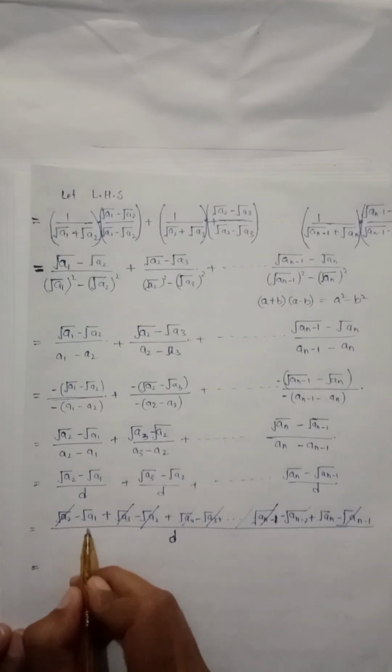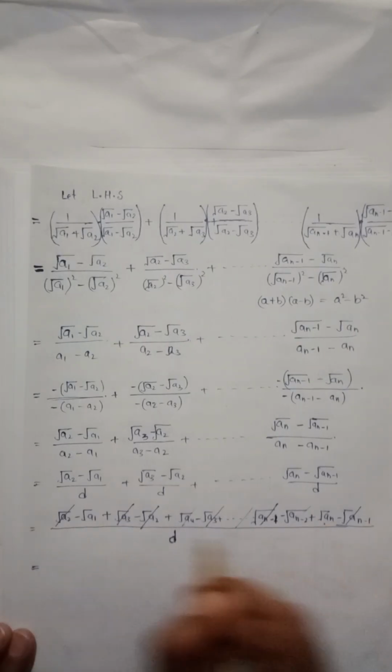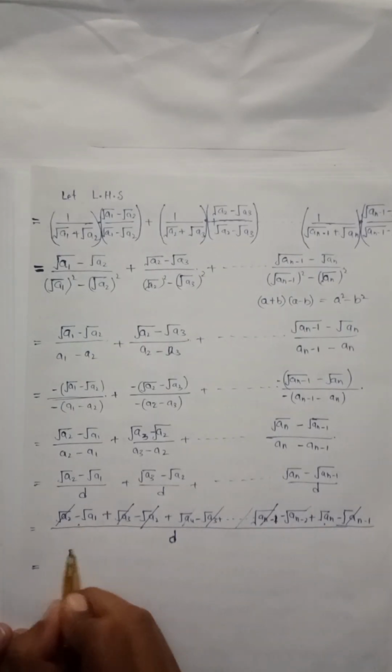By cancelling square with under root it also becomes an minus a1.